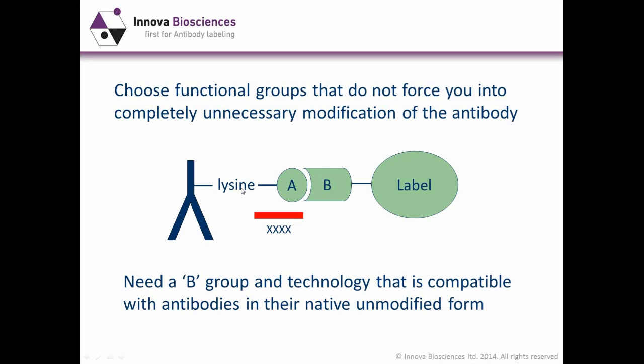B could react directly with the lysine. Then you can get rid of this step, you can get rid of the spin column, you can get rid of the uncertainty. Why not just react B with the lysine? Well, you need a technology to do it. And ideally, you want a technology that's compatible with antibodies as you purchase them in the native unmodified form.